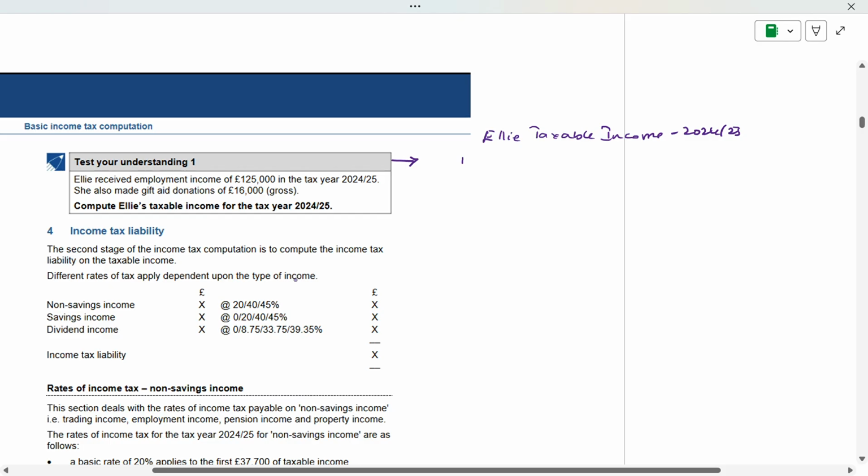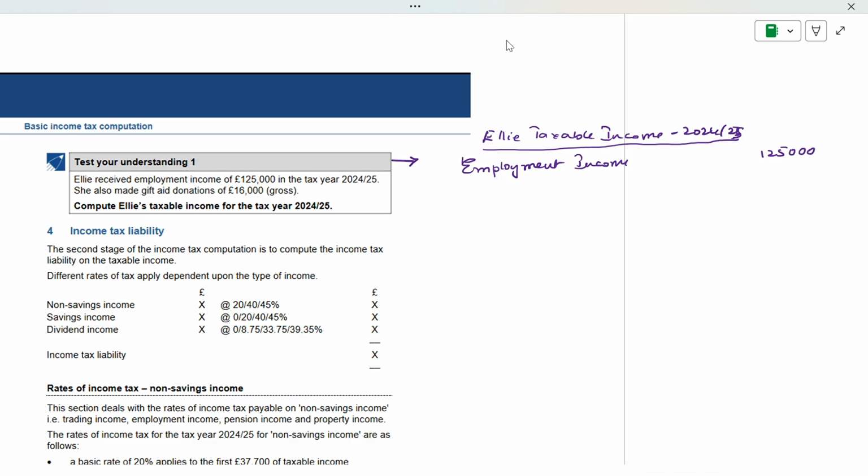Now, the taxable income 2024-25. How much is the employment income? Employment income is 125,000, which is less than 125,140.